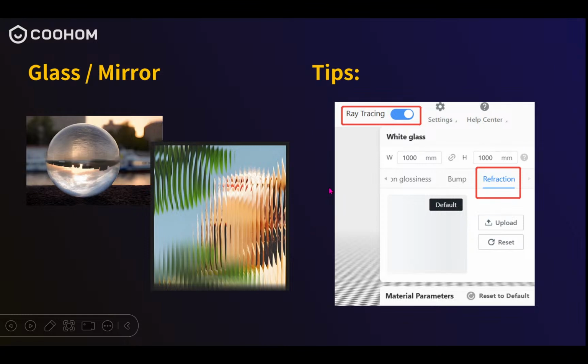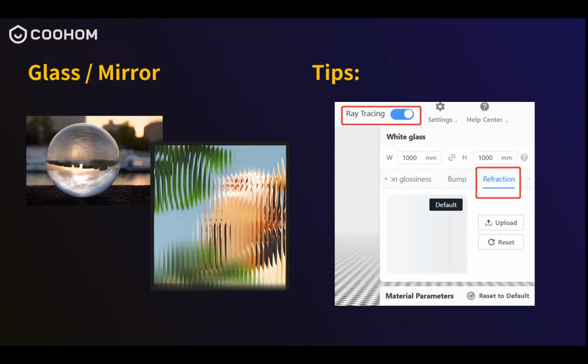Okay, so here we do have that thing. It's not the reflection, it's the refraction. Yeah, in glass and mirror, almost all of the elements, all of the material templates contain the refractions.